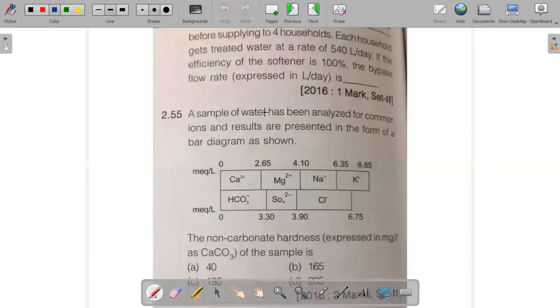Here it is also given that the efficiency of the softener is 100%. The long process I earlier discussed in the previous video, and here we only discuss the shortest form, where we get the quality of water for four houses as about 2160.